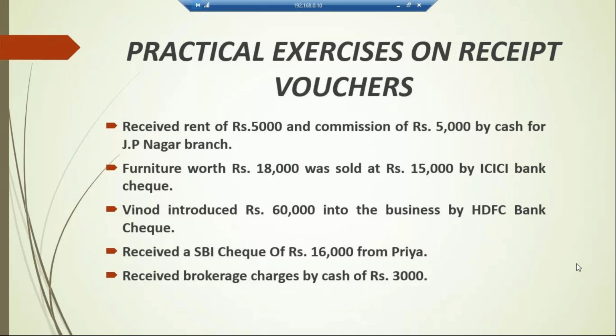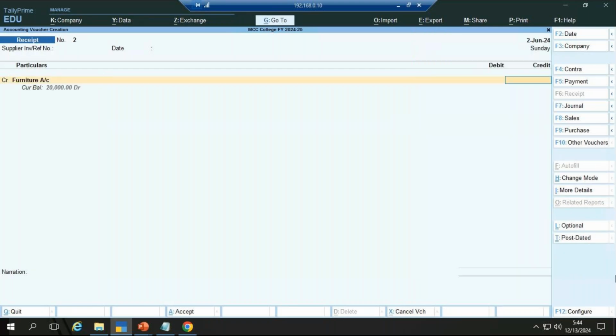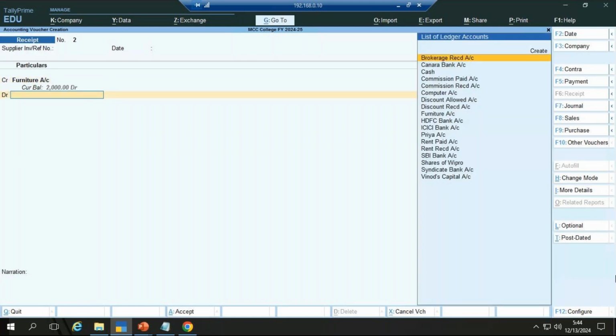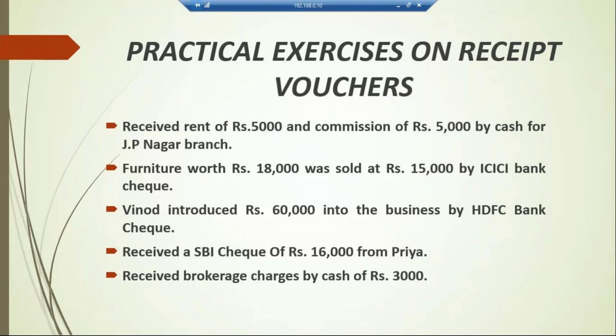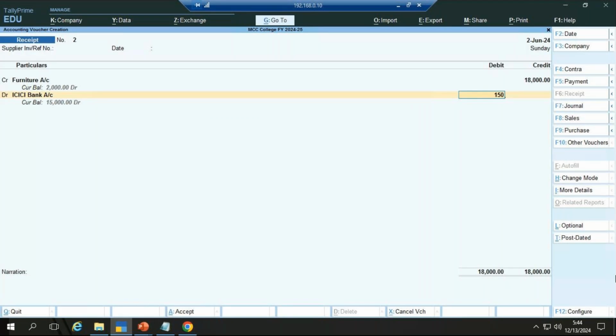Next one, furniture worth rupees 18,000 was sold at 15,000 by cash by ICICI bank account. So credit furniture 18,000. Enter. Debit ICICI bank 15,000.